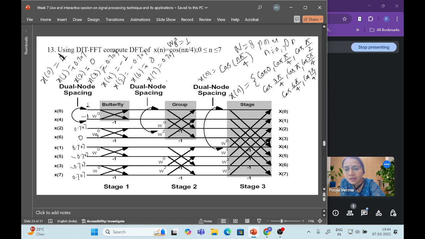Now this one is simple addition of these two values. So 1 and minus 1, so 1 minus 1 will be 0. Similarly here 1 is coming here, and minus 1 will be the plus, so it will be 2, right? Again, 0 here.